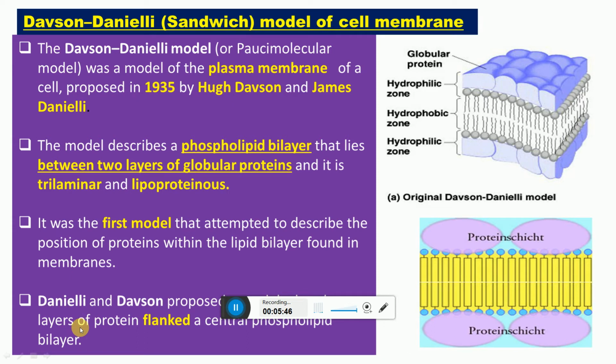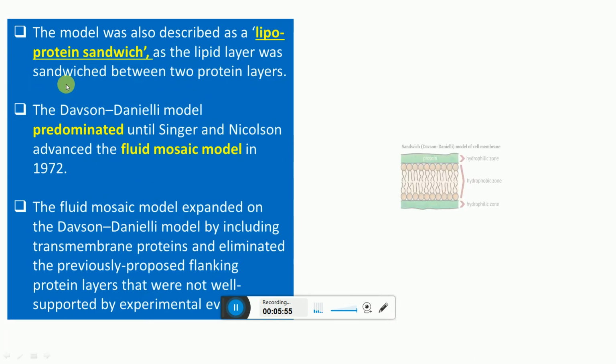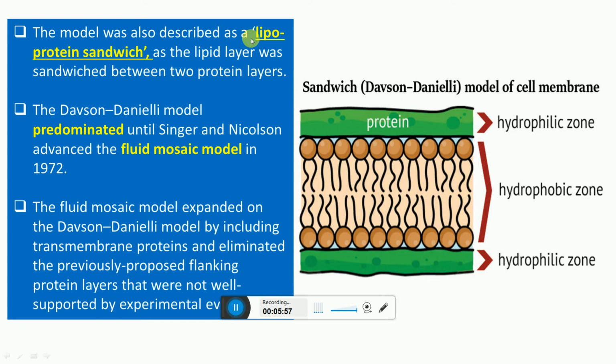Danielli-Davson proposed this 4-layer model. It is a protein-flanked bilayer structure. The model also described a lipoprotein sandwich structure. The lipid layer was sandwiched between two protein layers, so it is also called the sandwich model.